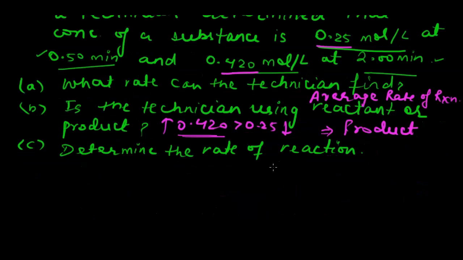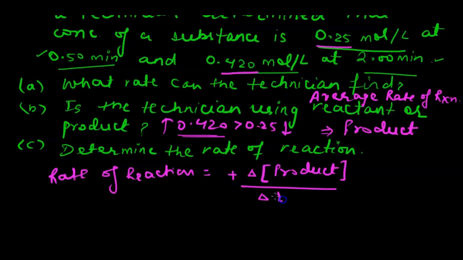Next, they want us to determine the rate of reaction. To find the rate of reaction, we just have to use the formula, and because it's a product, we put it as plus change in concentration of the product over change in time. Change in concentration of the product is the final concentration of product minus the initial concentration of product, divided by the change in time, which is 2 minus 0.5 minutes.